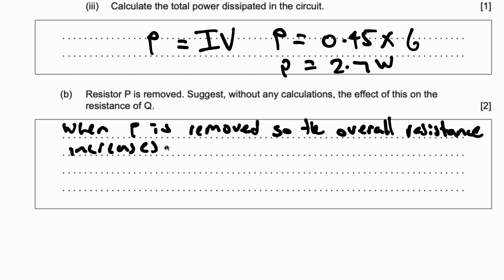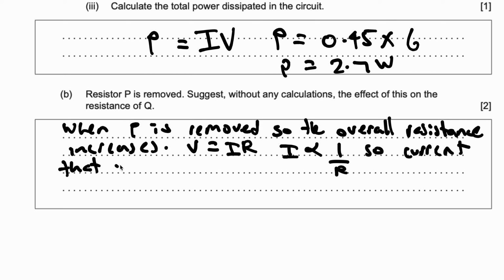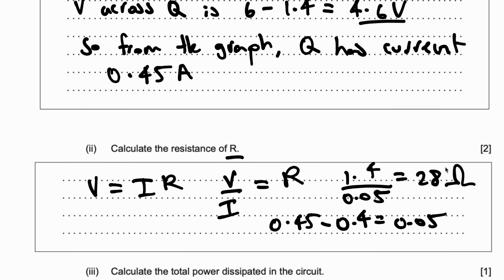And we know from V is equal to IR that I is inversely proportional to R, so the current that passes through the circuit decreases. Now, using the graph, we can find out how this affects Q.